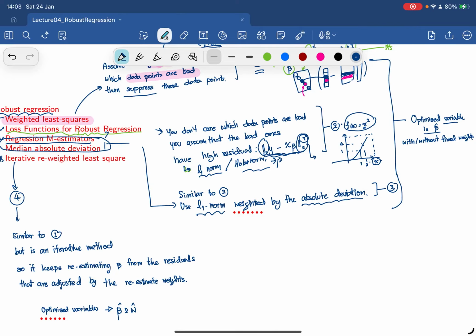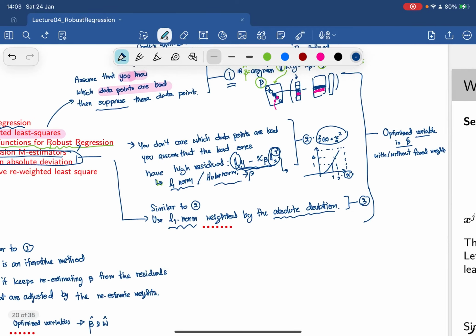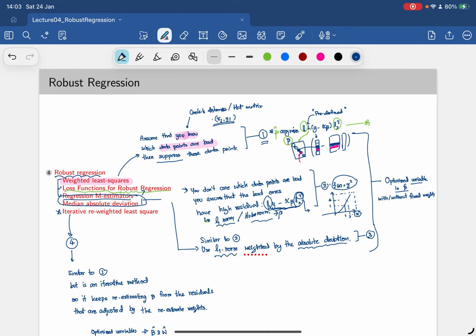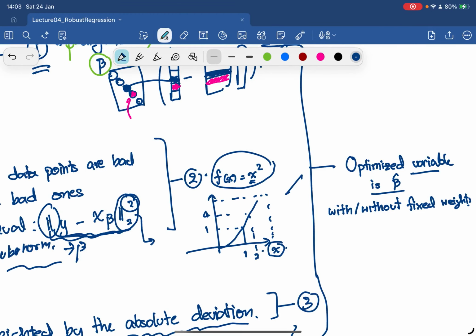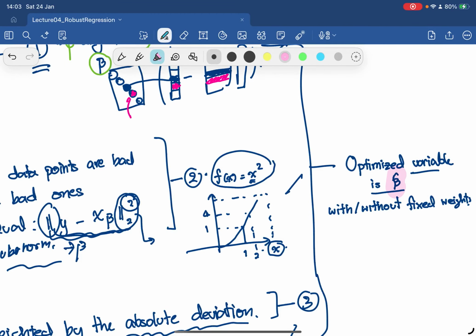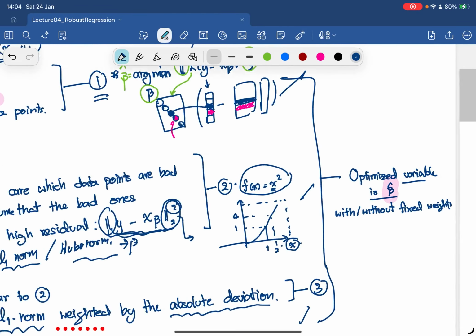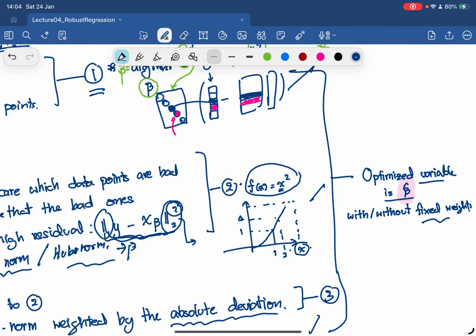Okay, but at the end of the day, if you consider these three methods, they're still similar in the sense that their optimization problem will have only one optimized variable, that is beta, where you may assume to know the fixed weights, if the weight is known.